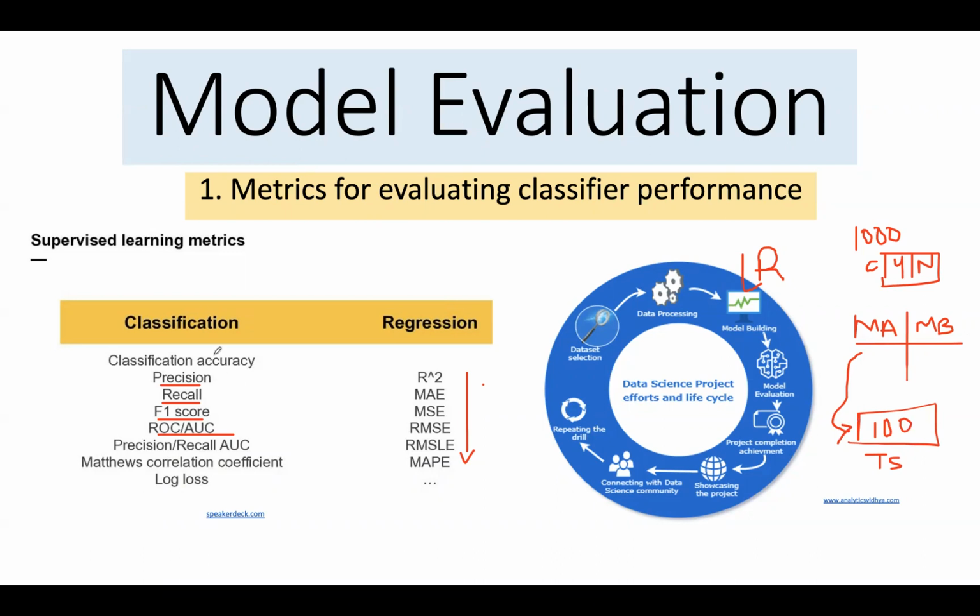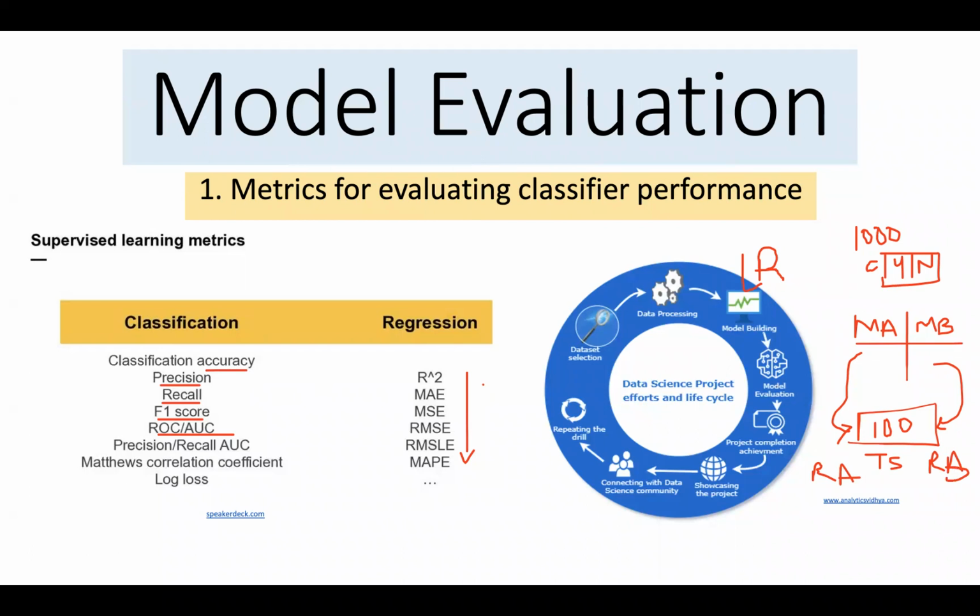Then we use classification metrics like accuracy, precision, recall, F1 score, and we record the results here for model A. So let's say result A. We do the same here again. We also record the accuracy, precision, recall, F1 score, and we record the results for model B.